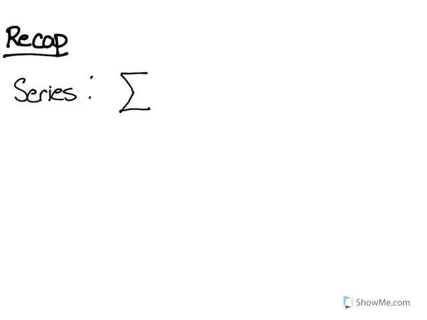As always, let's start with a very brief recap of what series are. We defined a series as simply an infinite sum of a sequence, and this is how we denoted it: the sum from k equals 1 to infinity of a_k, where a_k is some sequence of real numbers.